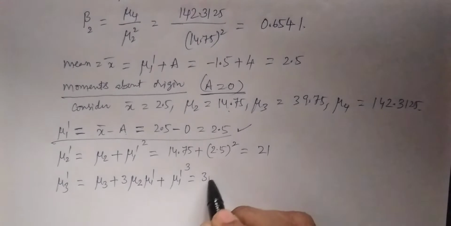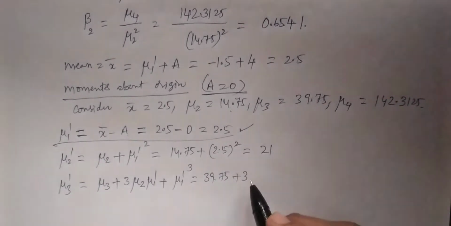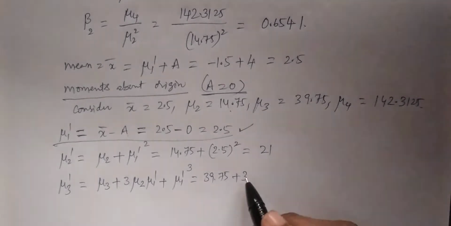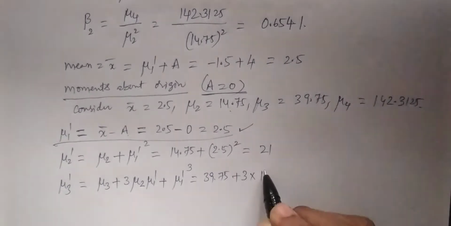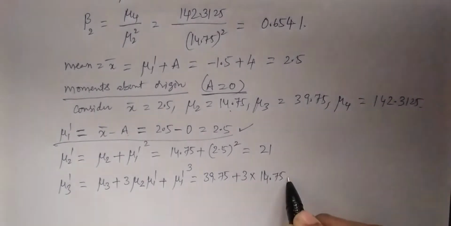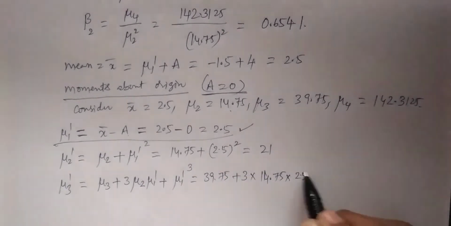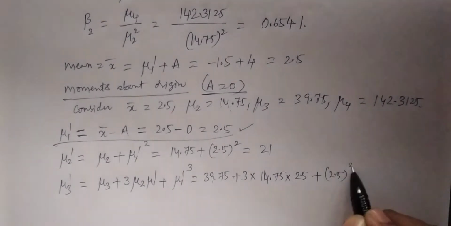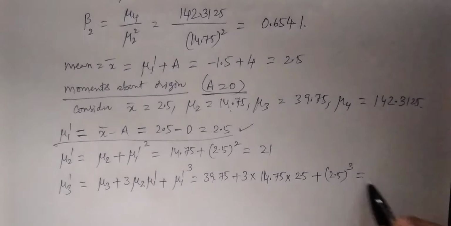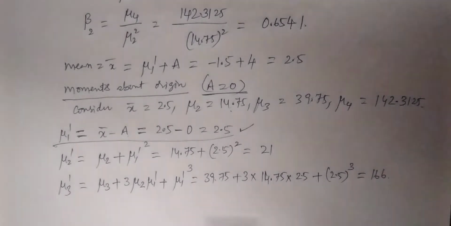It is 39.75 plus 3 into mu2, which is 14.75, multiplied by mu1 dash, which is 2.5, plus mu1 dash whole cube, 2.5 whole cube. If you calculate this you will get 166. This is the value here.